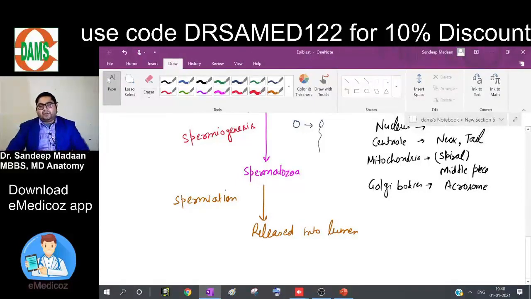Let me ask you one question here. Whether the spermatozoa are motile or immotile structures. Yes, can you tell whether these are motile or immotile? So eventually spermatozoa have to be motile, because when we do semen analysis, what are the important criteria?